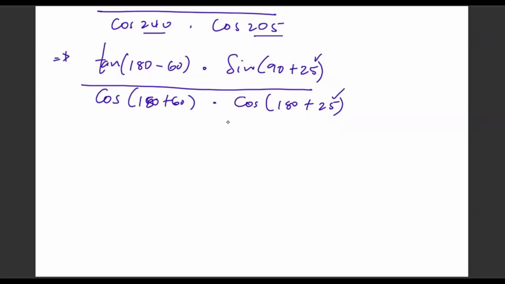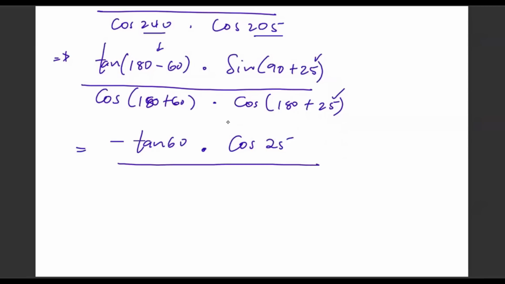All right, so from the top, in the second quadrant, tan is negative. So you're going to have negative tan of 60 multiplied by sine of 90 plus 25, that's going to give us a cos of 25, over cos of 180 plus 60, it's going to be a negative cos of 60.